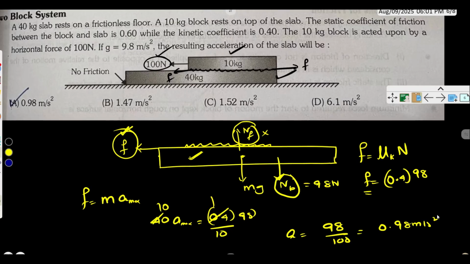If the body moves with more than 0.98 meters per second square, then the blocks will move apart and the friction cannot hold them together. So the maximum acceleration of the slab would be 0.98 meters per second square. I hope you understand. This is how we will calculate the maximum acceleration in the block. Okay. Thank you.